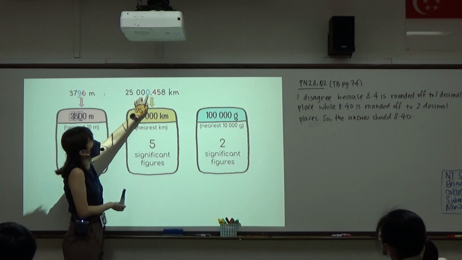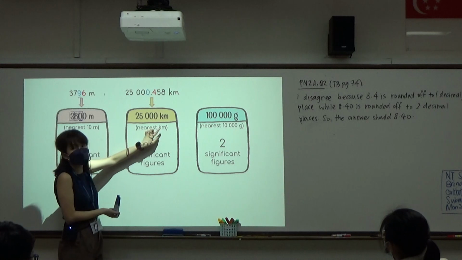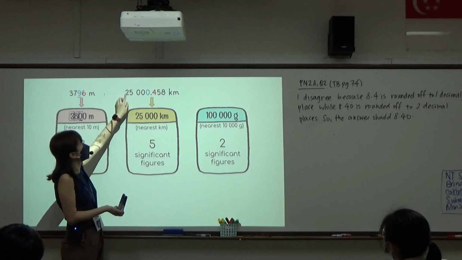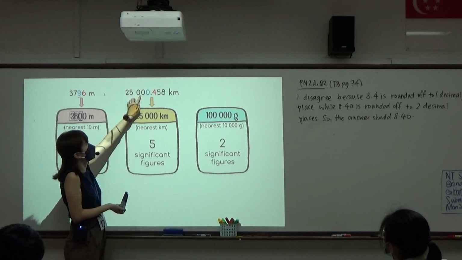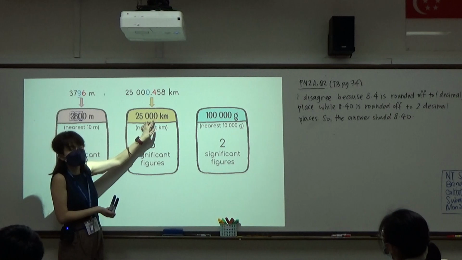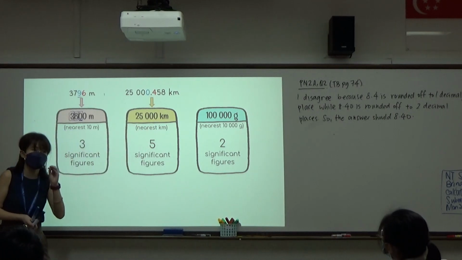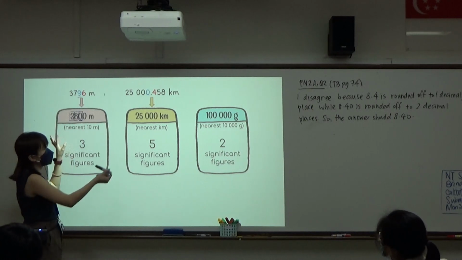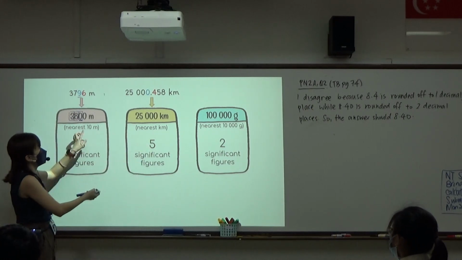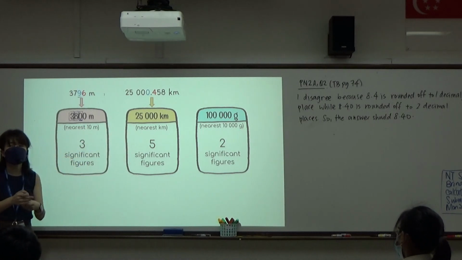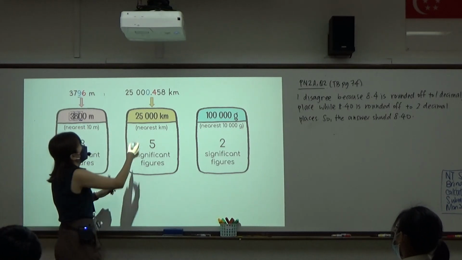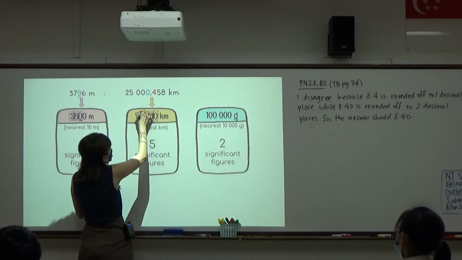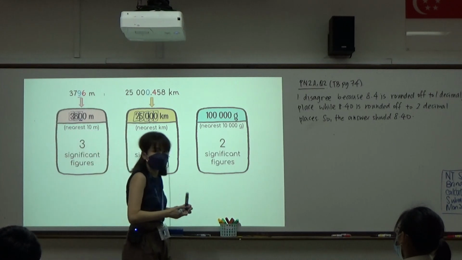Because I round off up to here, according to what the question wants, when I count my number of significant figures, it was to round off until here. So that's why I count all of this as significant.